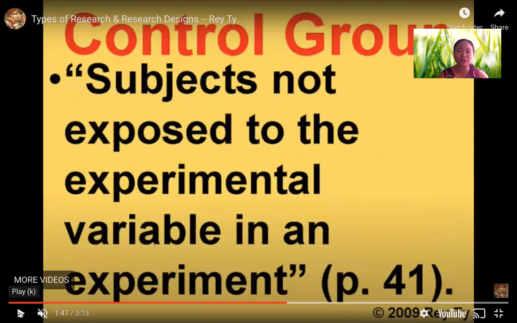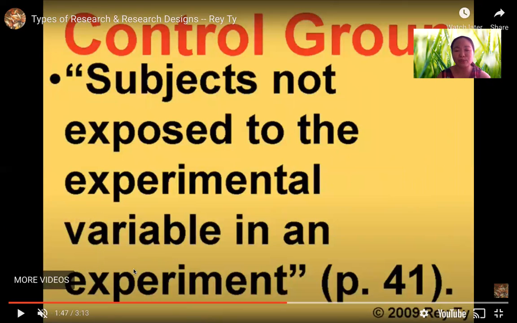So we also have the control group, or those subjects that are not exposed to the experimental variables in an experiment. So you should always have the control group, meaning you did not do anything with it, or no treatments or no application.